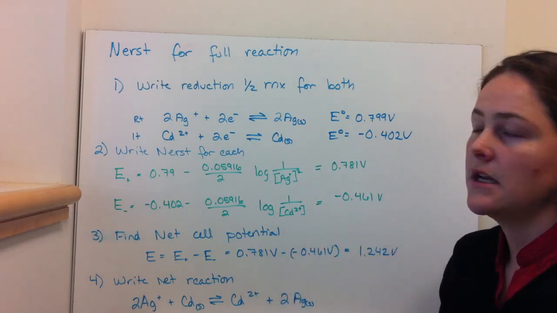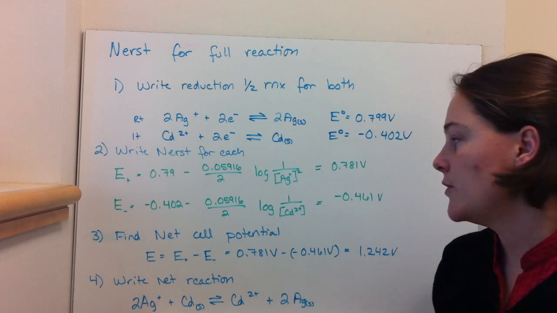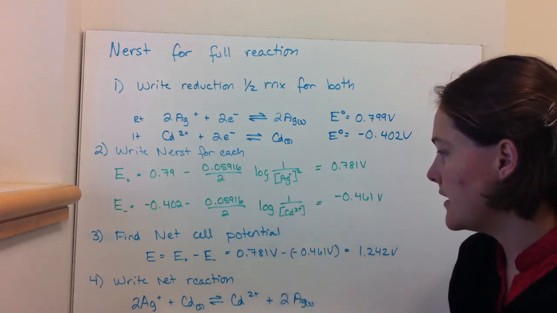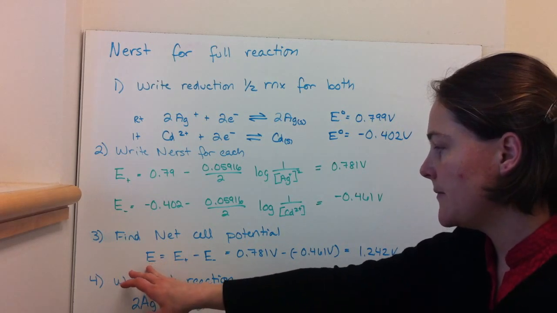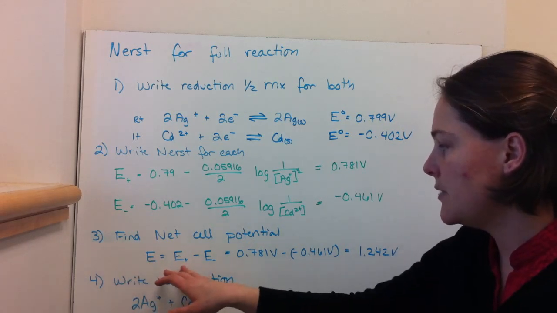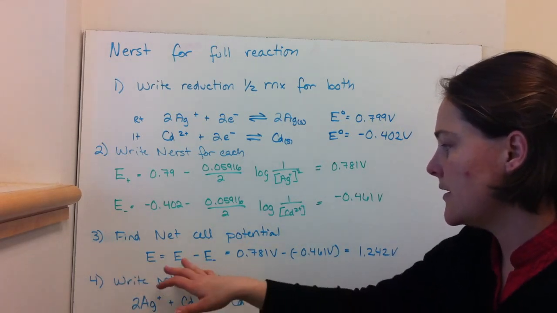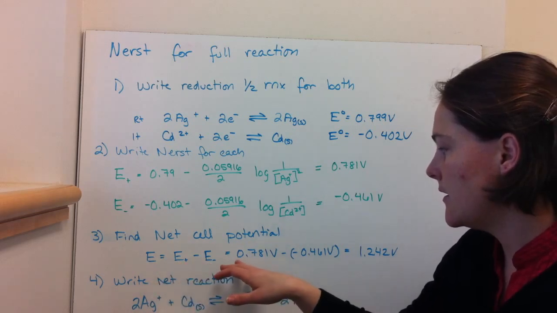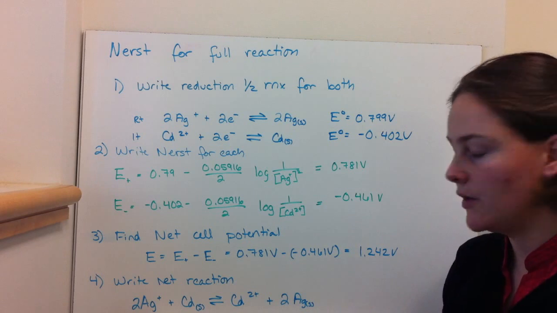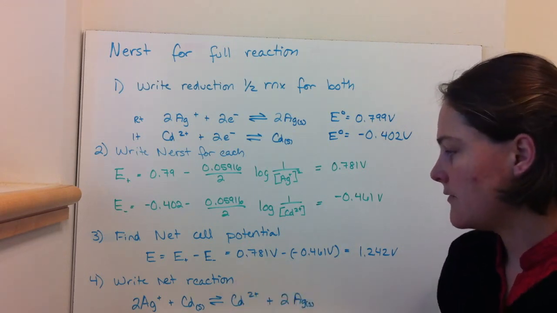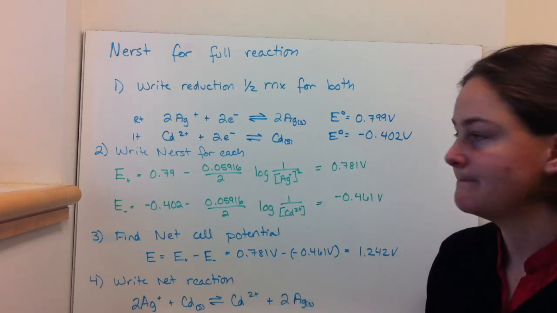Find the answers to that. This is an example in your book, so you can look up the concentrations there. And then you find the net cell potential by using E equals E plus minus E minus, so cathode minus anode, equals this math, and so you end up with 1.2 volts for the cell. And then you can write the net reaction.